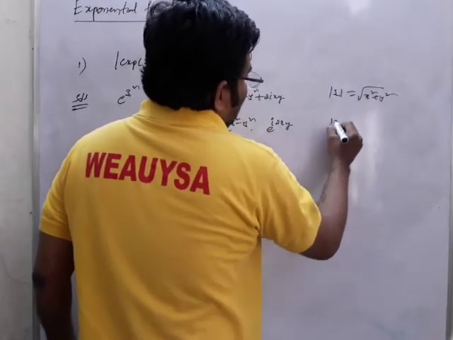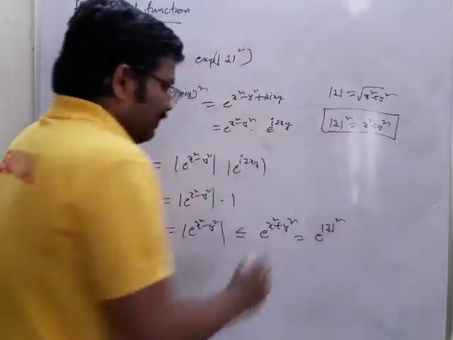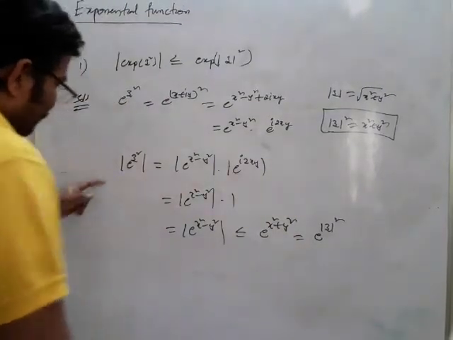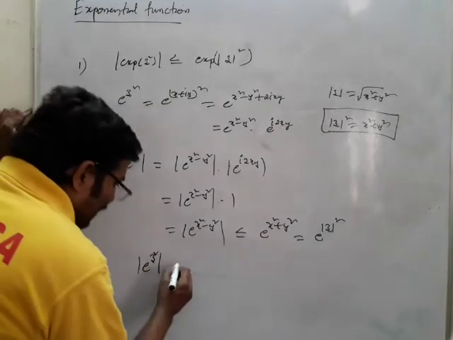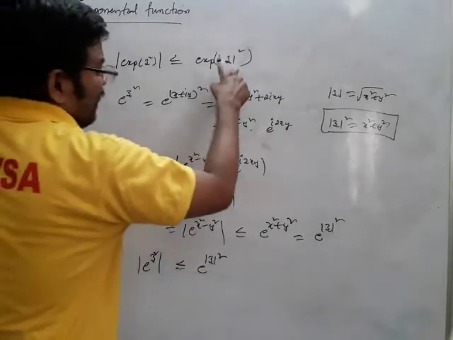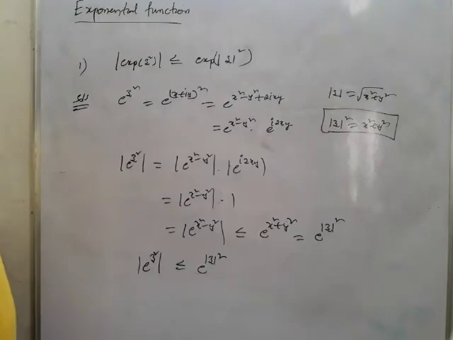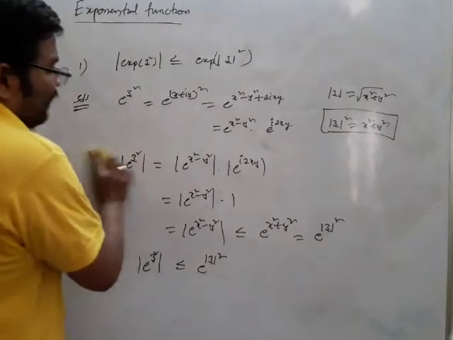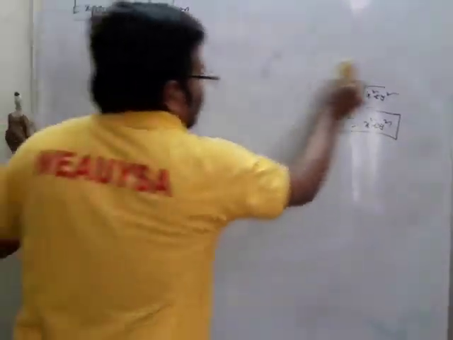Therefore mod z square is equal to x square plus y square, so this is always less than or equal to this. Therefore mod of e power z square is less than or equal to e power mod z square. So this is how you can do this exponential problem. Then we'll see one more problem so that you'll understand more.